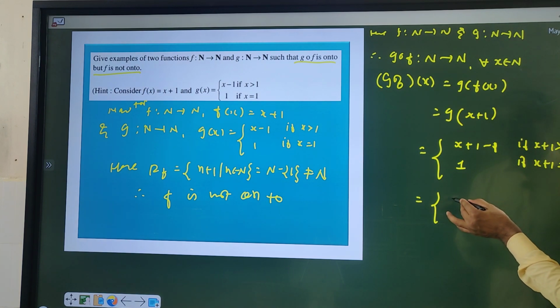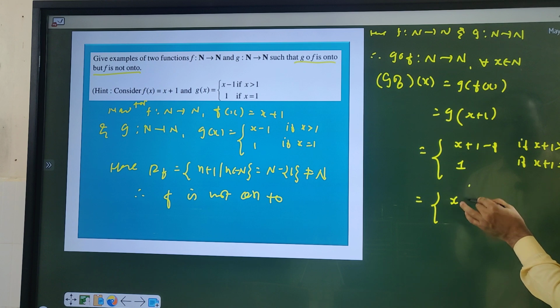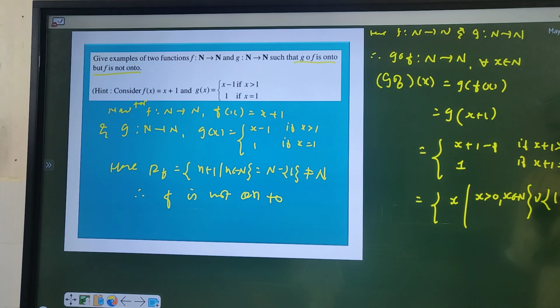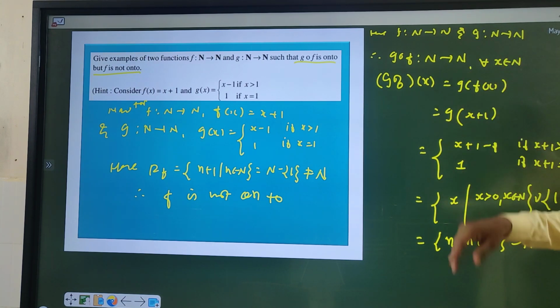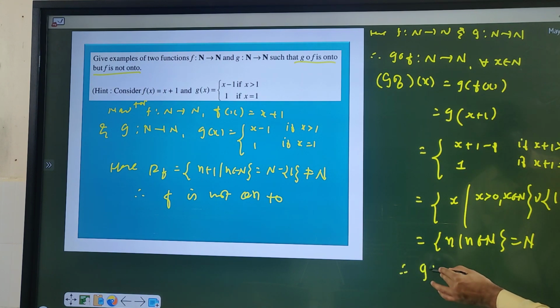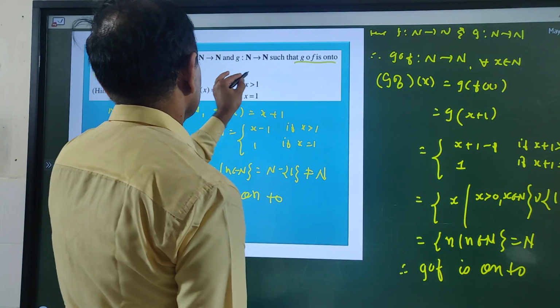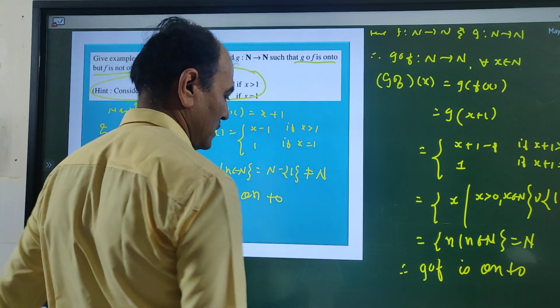That is equal to x such that x is greater than 0, x belongs to N, union 1 when x is equal to 0. That is not the case. It is nothing but N, and that is equal to the codomain of gof, and therefore gof is onto. So remember this sum, clear?